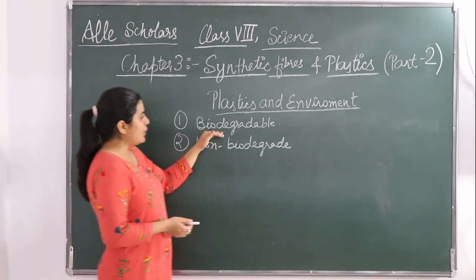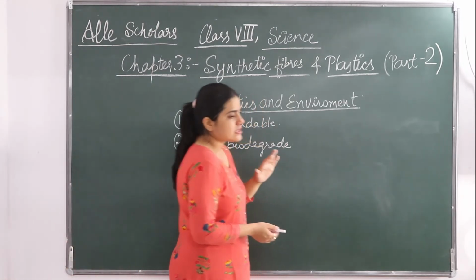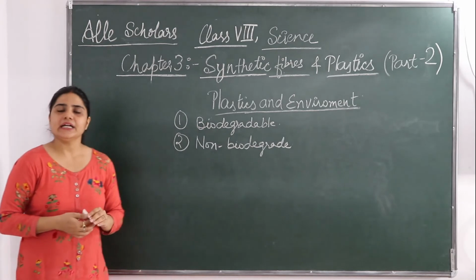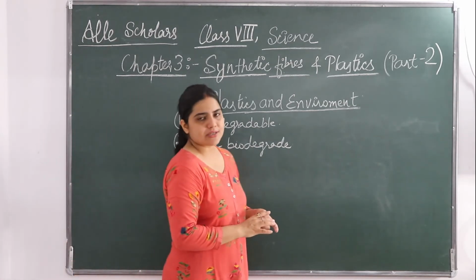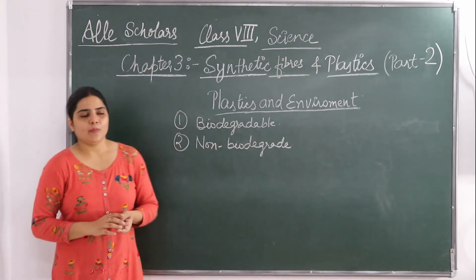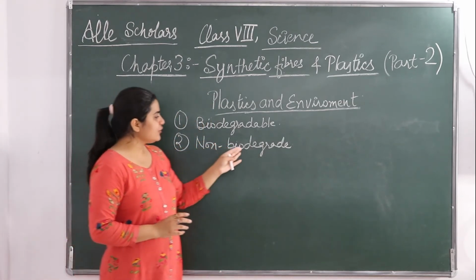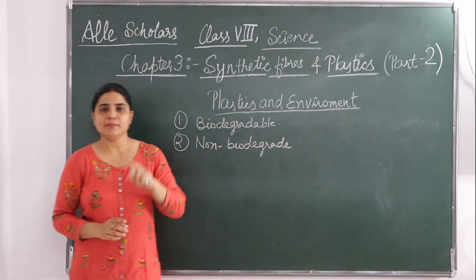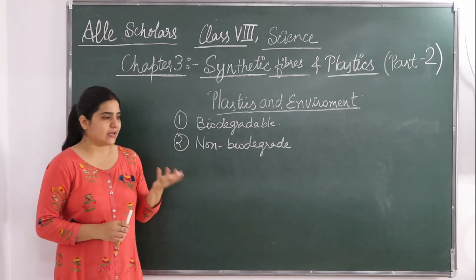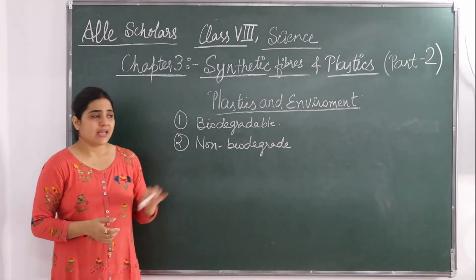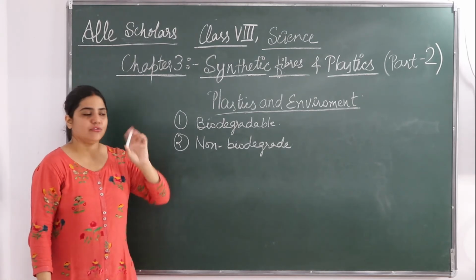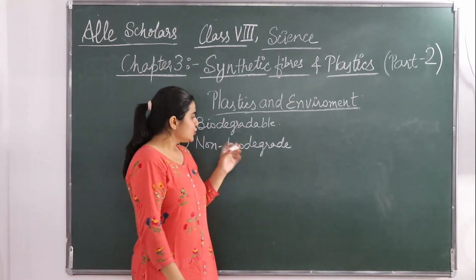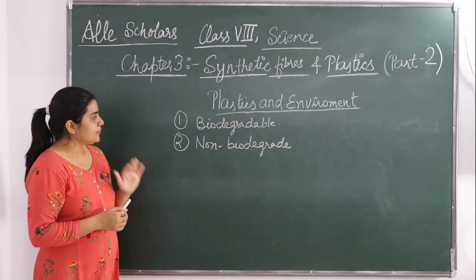So biodegradable materials are those that get decomposed through a natural process by bacteria. But in case of non-biodegradable, the materials are not easily decomposed by a natural process. If they are decomposed also, it takes thousands or even millions of years. So they are non-biodegradable. Okay?